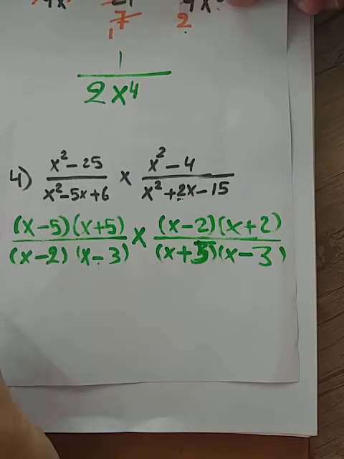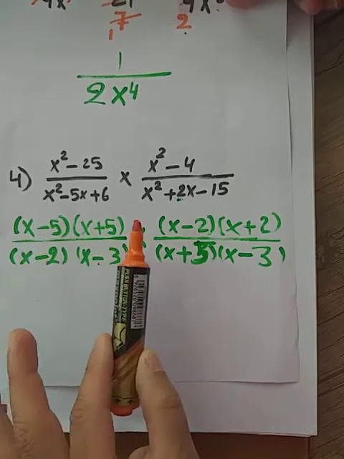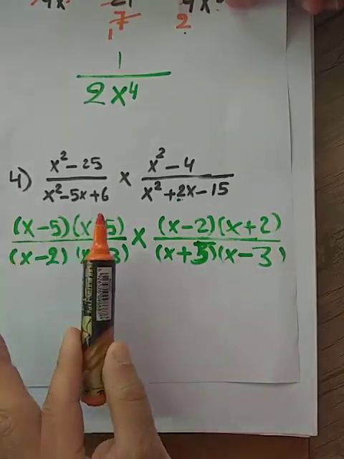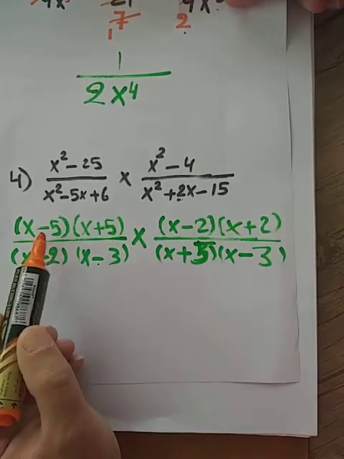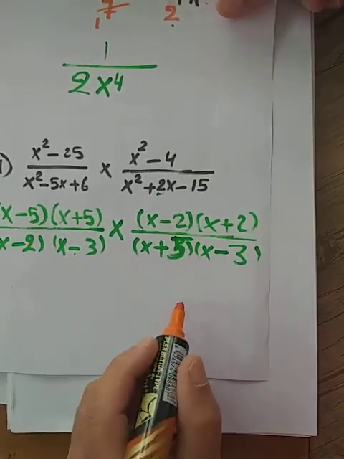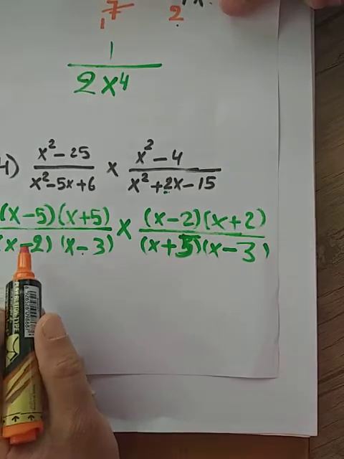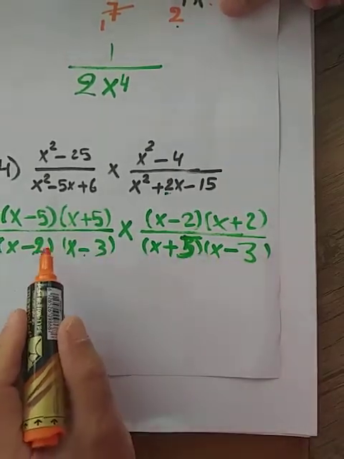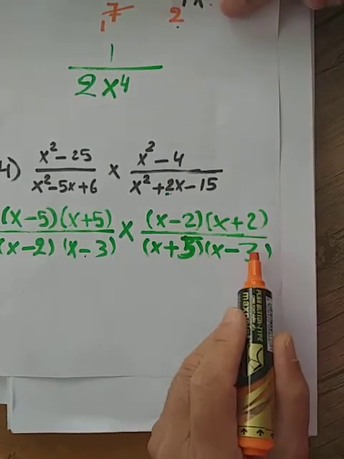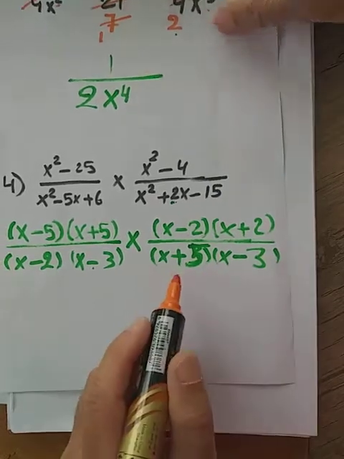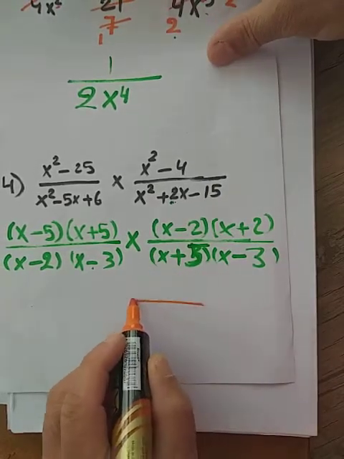Always please start from left to right. Start with x minus 1, x minus 5. Do you have x minus 5? No, we don't have it in the denominator. Then write it down.